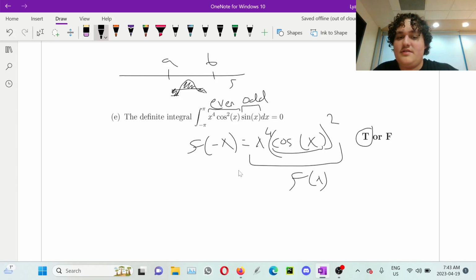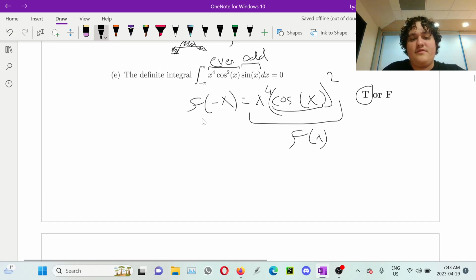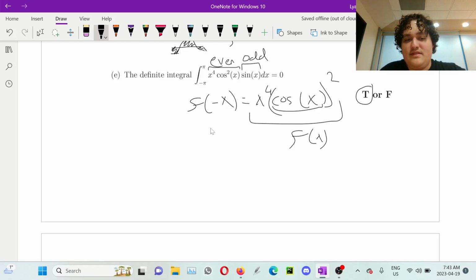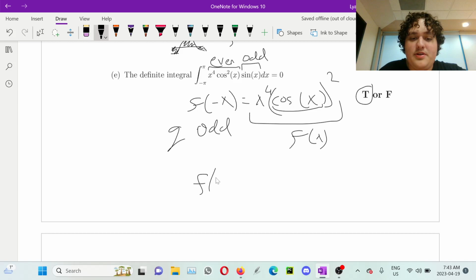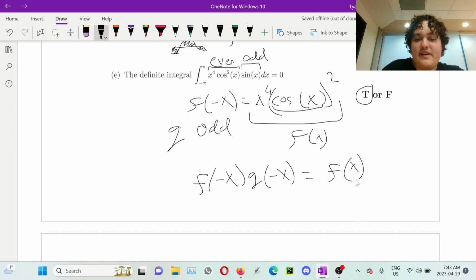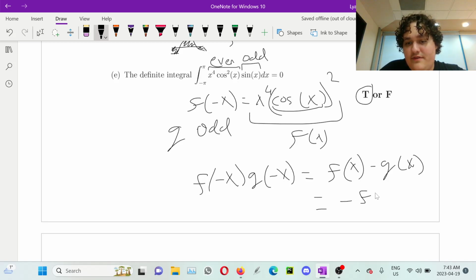And sine of x is odd, right? And if you have, let's say, f is even, say g is odd, then if you have f times g, let's say we put in minus x. We can rewrite f of minus x as f of x, and we can write g of minus x as minus g of x, right? That's equal to minus f of x, g of x.